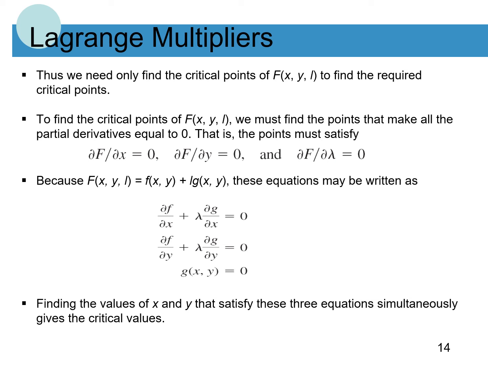That is, the points must satisfy that the derivative of f with respect to x equal to 0, the derivative of f with respect to y equal to 0, and the derivative of f with respect to lambda is equal to 0. Because f of x, y, lambda is equal to the objective function f of x, y plus lambda g of x, y.